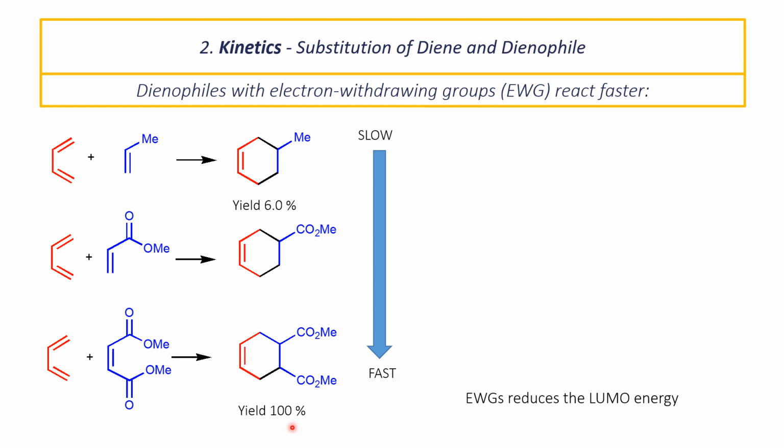The reason for this is that electron withdrawing groups reduce the energy of the LUMO, and so the event occurs more likely.